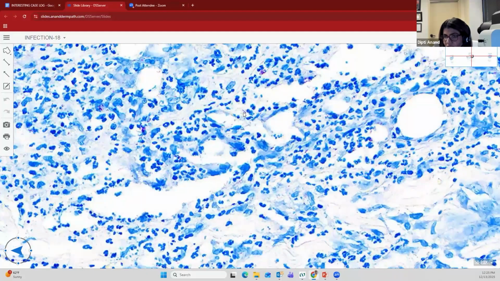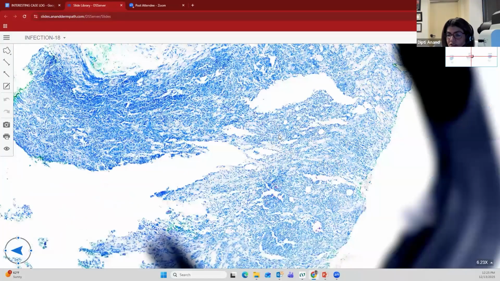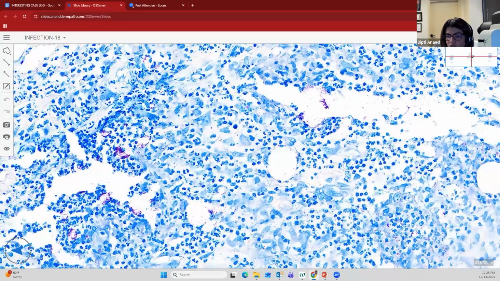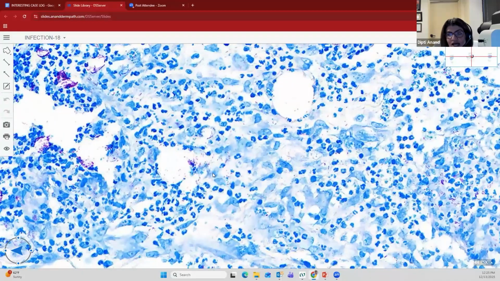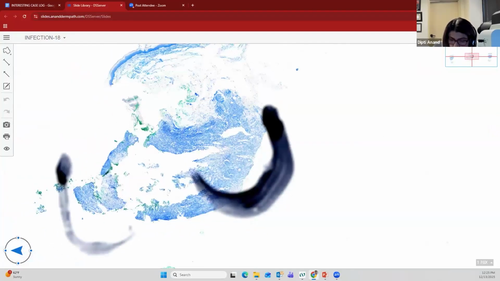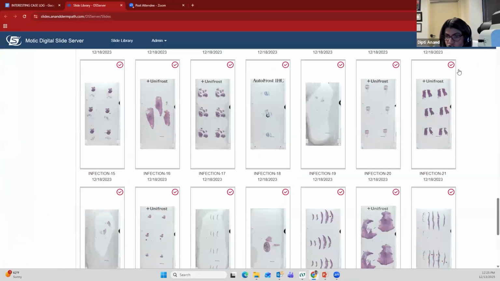The slender, long pink organisms right here are very consistent with mycobacteria. It is very satisfying when you see it because you have really made the diagnosis, but most of the times it does not happen. We may find one single structure after searching multiple fields. So it's a very tedious job to do, but it is very satisfying when you see it. So that's about your mycobacterial and atypical mycobacterial infection.